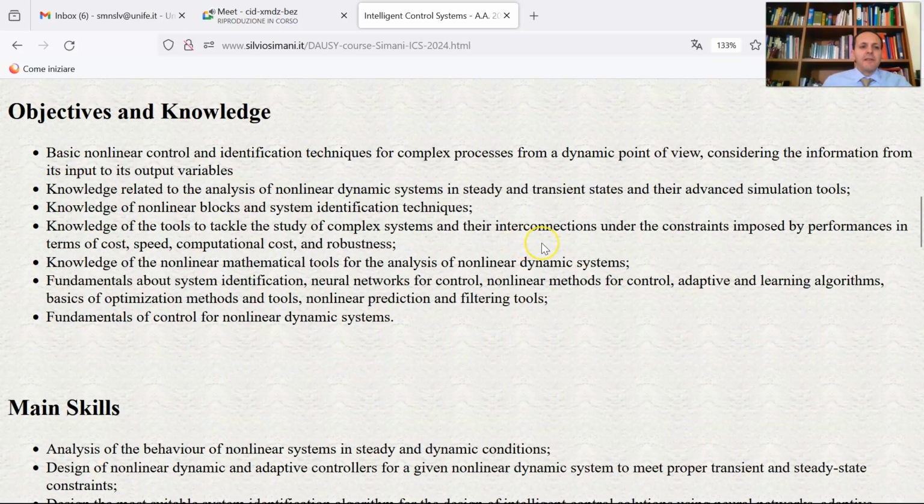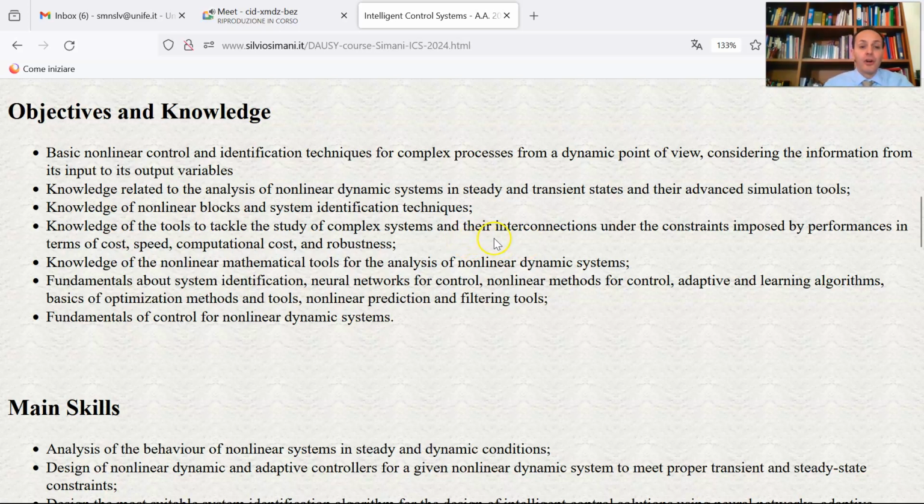So the objectives, this is a list of the objectives and the knowledge that should be provided by the course. So some basic linear and nonlinear tools for identification and control, and the analysis of nonlinear dynamic systems, and then the knowledge of the blocks for system identification, and a study of complex systems, the interconnections, and the constraints.